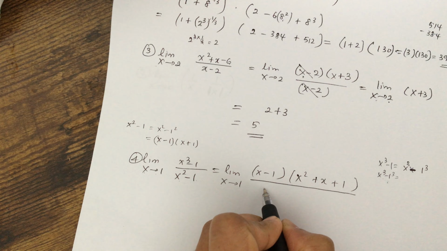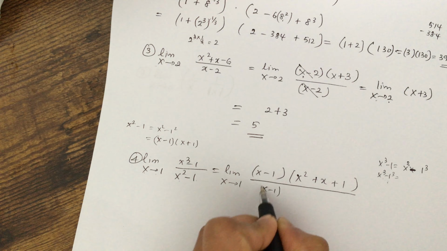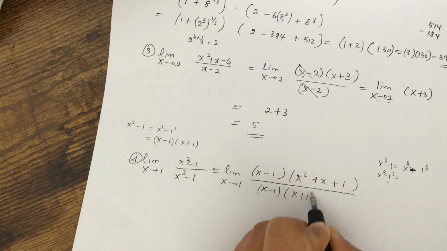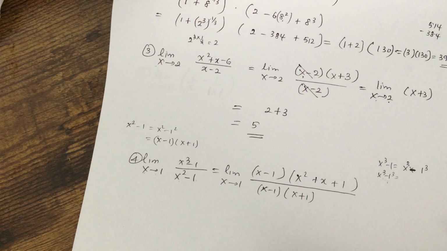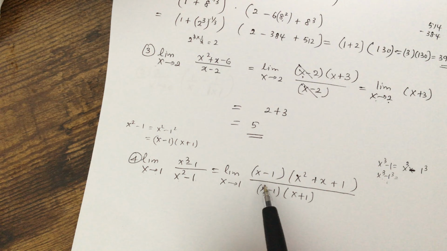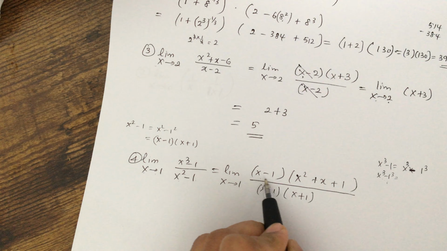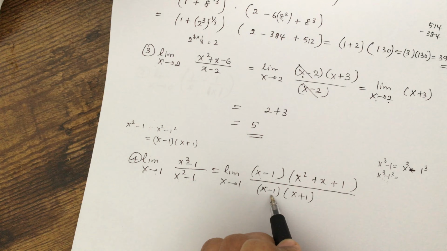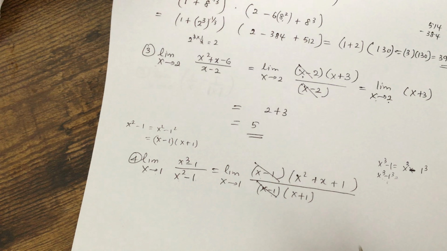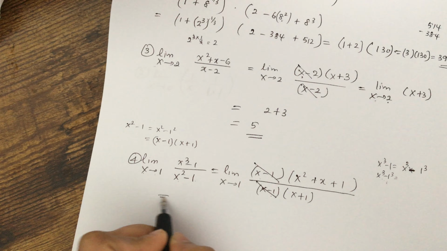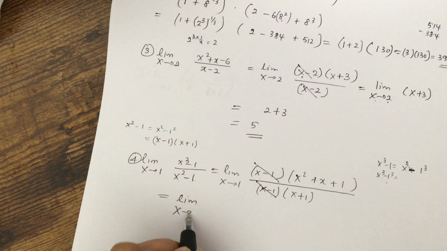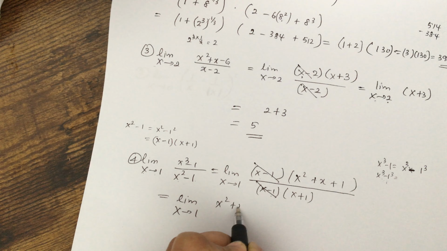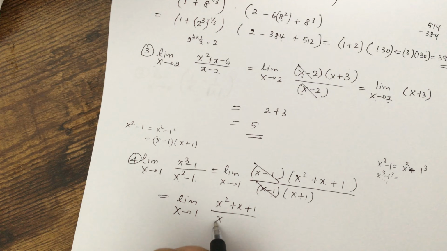So the numerator can be written as x minus 1 times x squared plus x plus 1, right? Then in the numerator you have x minus 1, in the denominator you have x minus 1. These two cancel, and then you have the limit as x goes to 1 of x squared plus x plus 1 over x plus 1.